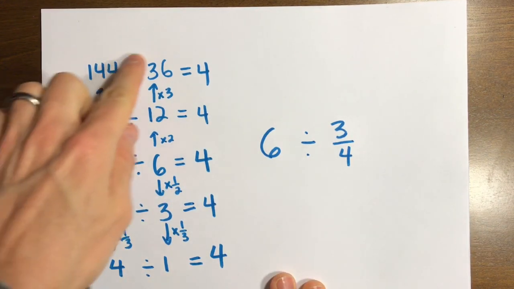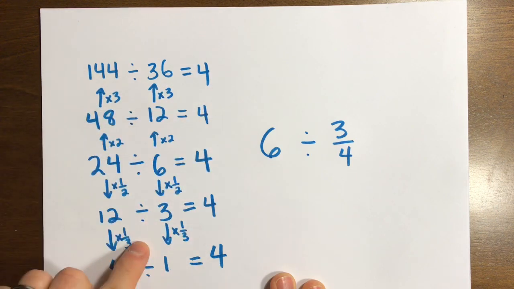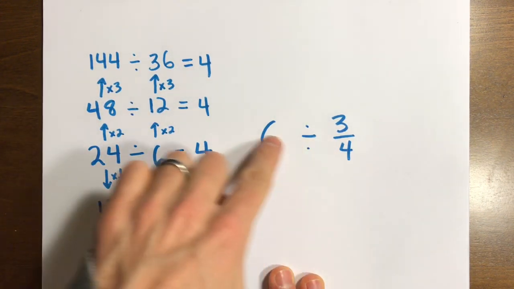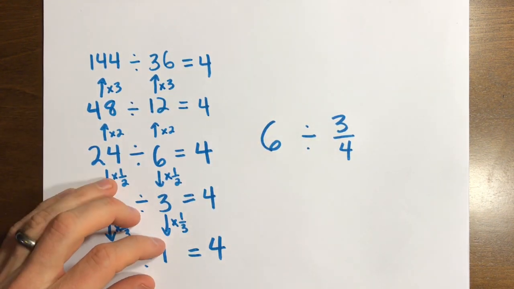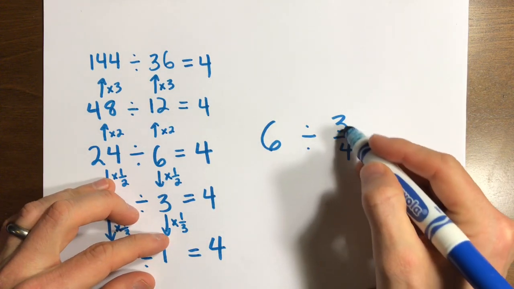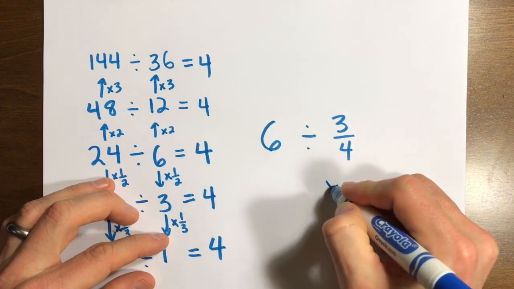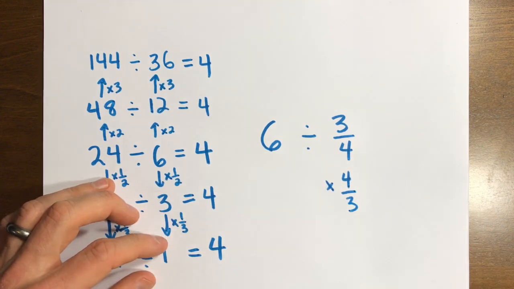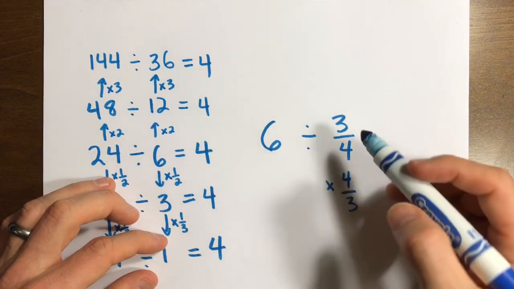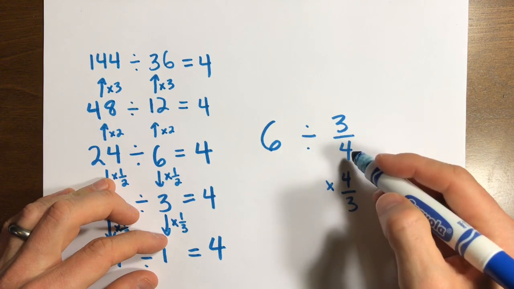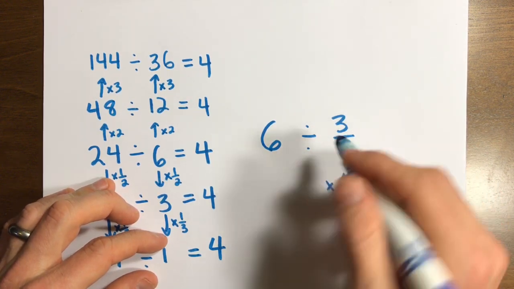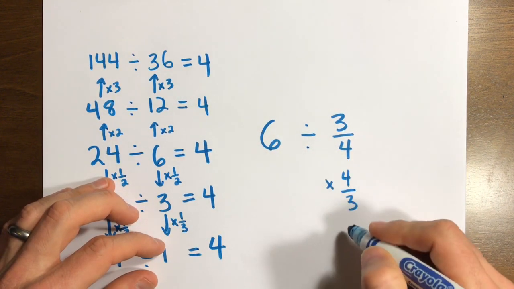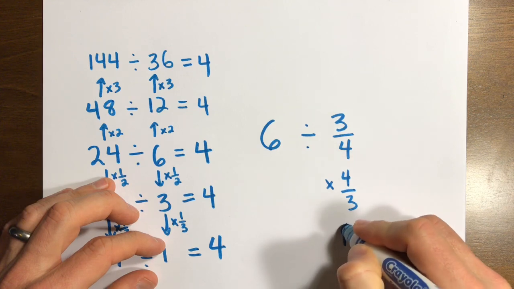If we use this idea, let's try to get a simpler division problem. Watch this. What if I take 3/4 and I multiply it by 4/3? It'll take a little bit of thinking, but I think it's easy to see after thinking that this will be 1.